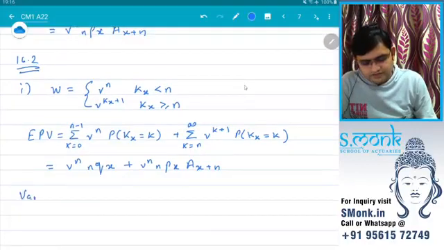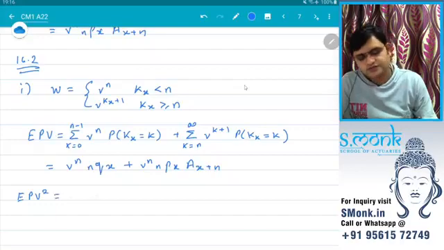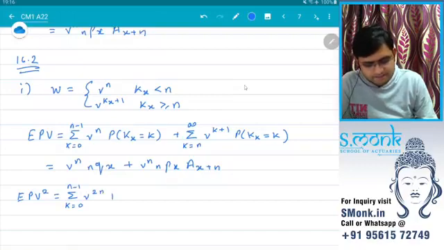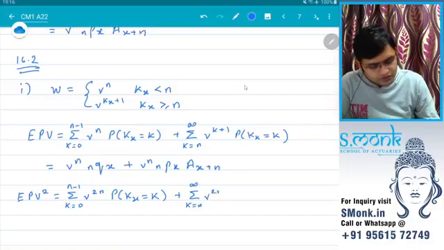Then variance of W. For that you will have to calculate expected present value square first. Expected present value square, we'll have summation k going from 0 to n minus 1 v raised to 2n. Probability does not change. And then plus summation k going from n to infinity v raised to 2 times k plus 1, probability Kx is equal to k.